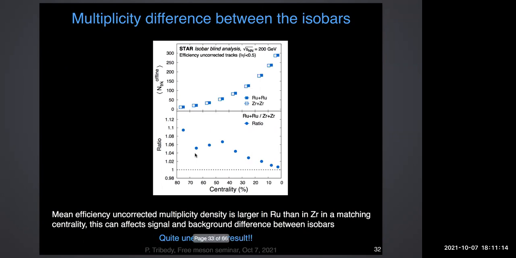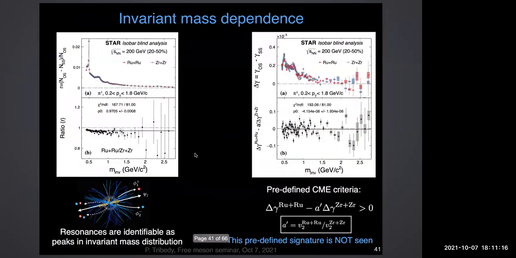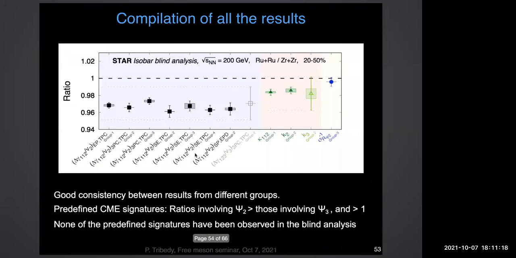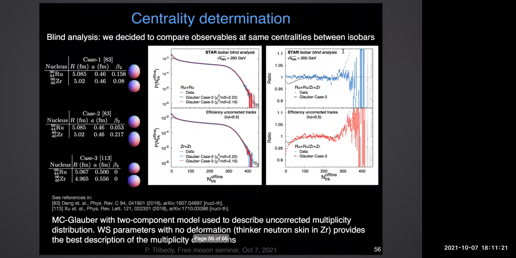Yeah, actually, what you should look at is not just the mean multiplicity. What you should be looking at is the distribution of multiplicity. If you really want to think in that direction, I would refer you to the probability distribution of multiplicity and the shape of the ratio of the probability distribution, which also has a weird shape.